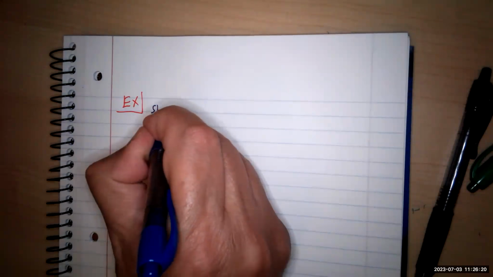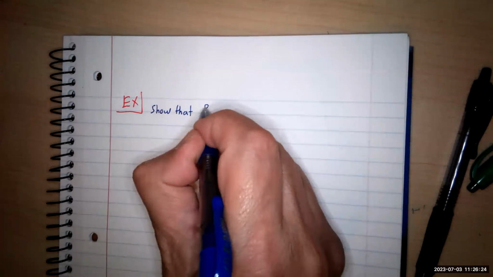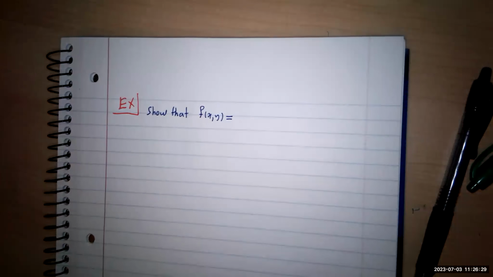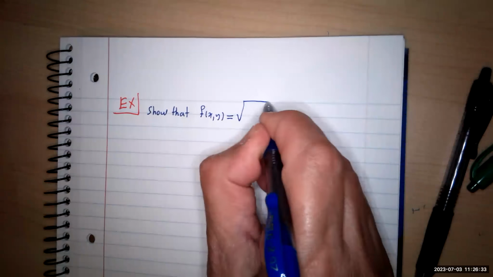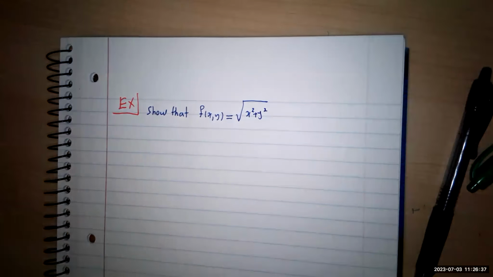You are going to do more here. So what's the question? The question would like you to show that this function f of x comma y, the two-dimensional version of this problem from Calculus 1, the square root of x squared plus y squared. In Calculus 1, you only had radical x.